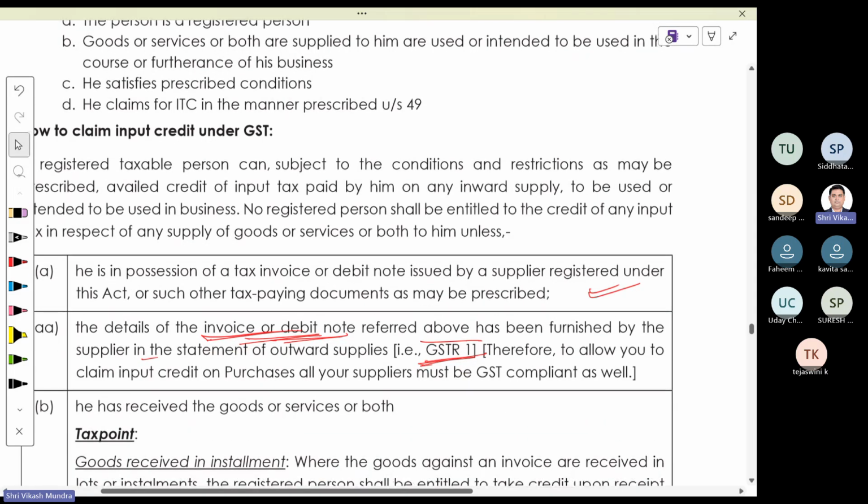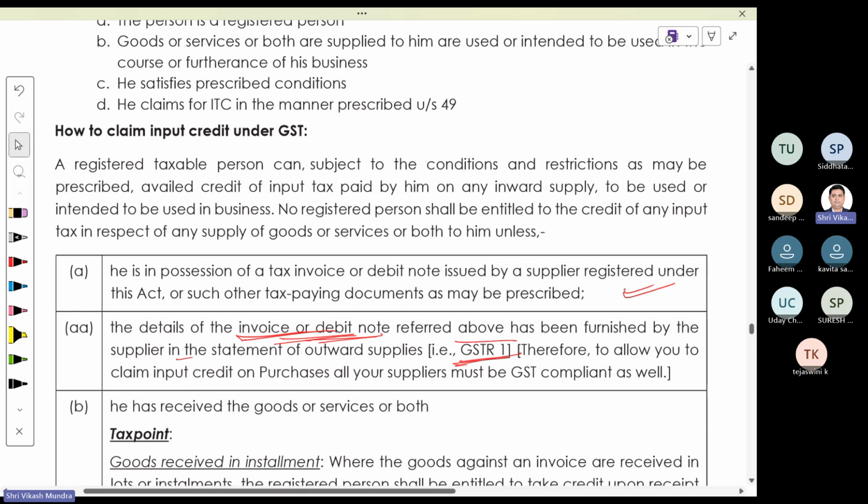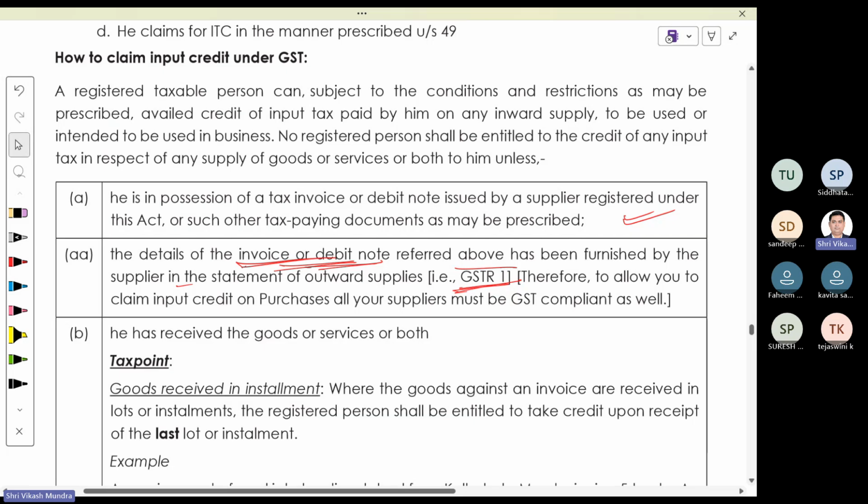Number one, he should possess documentary evidence. We already discussed this. Not only documentary evidence, his supplier should report that transaction through GSTR1 in the GST portal. How could he come to know about this? This would be through GSTR2B or GSTR2A. He should come to know about this reported transaction.